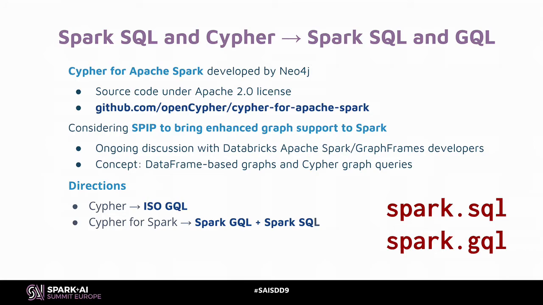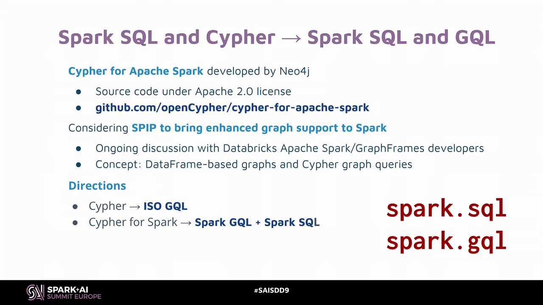And we'd like to see Cypher for Apache Spark moving towards being the basis for DataFrame-based graphs that are somewhat richer than the GraphFrames or GraphX model, supporting Cypher graph queries, and that's the subject of some discussions which may result in a Spark project improvement proposal.